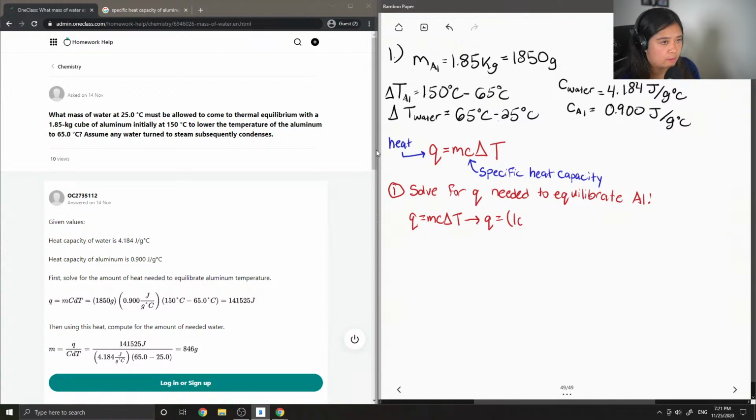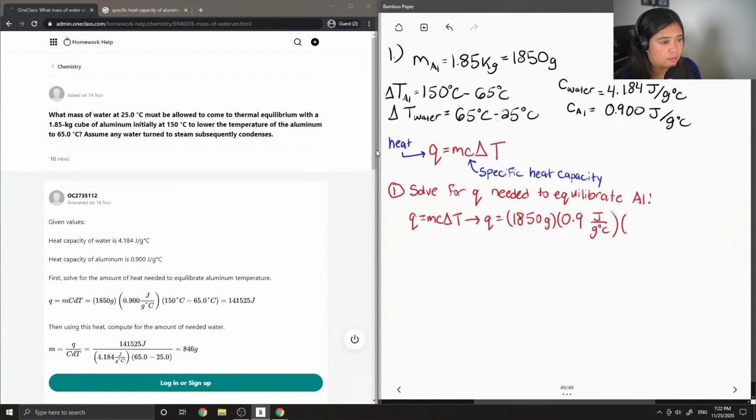So Q is equal to 1,850 grams. And first we'll be looking at aluminum, so I'm going to use the C value for aluminum, which is 0.9 joules over grams times degrees Celsius.